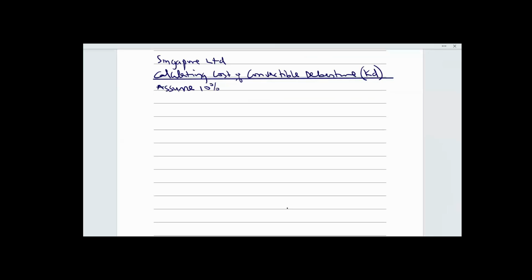Therefore, let's design our table for calculating NPV. So create a column for year, description of items, cash flow, discount factor at 10%, then the present value.